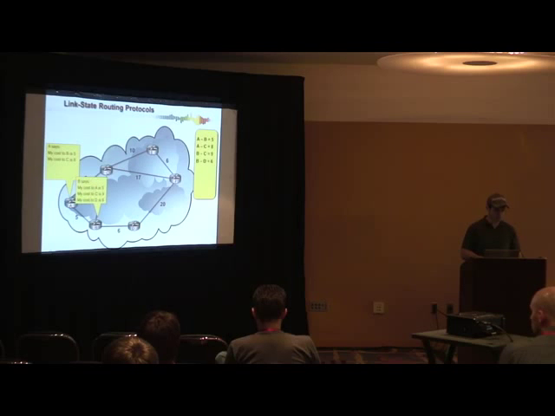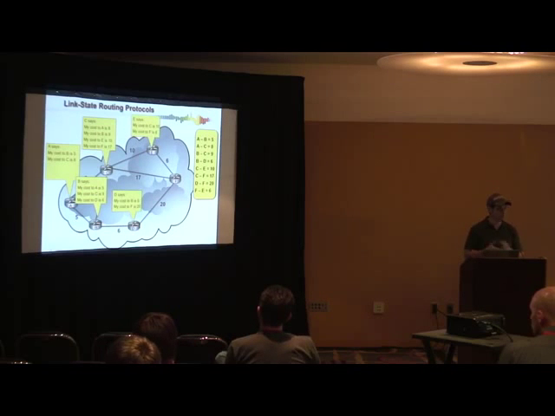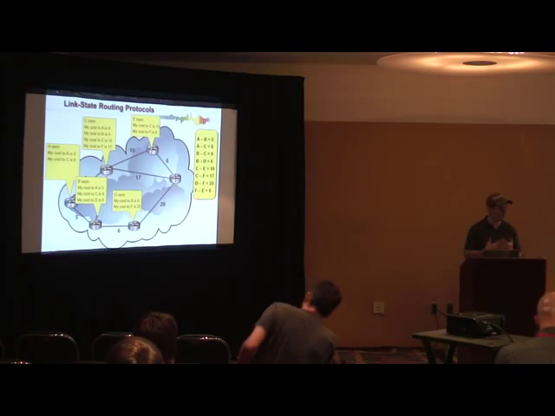And each router does this independently, and as they flood it throughout the network, you build up the entire routing table. So now any router in the routing table can build this tree and figure out what is the shortest path to get to any destination.